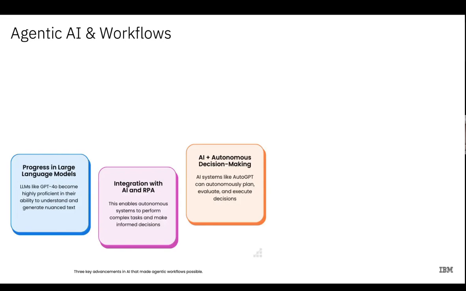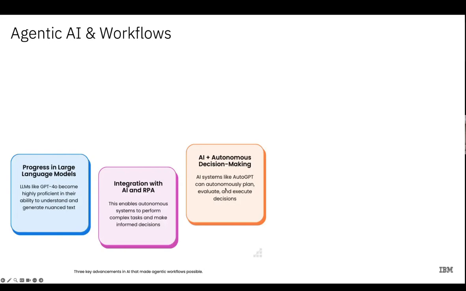The second one is the integration with robotic process automation and other tooling systems, where AI is now able to seamlessly connect with a lot of different systems, and in our context, different systems in the manufacturing processes, so that it can perform complex tasks and make informed decisions working with these other tools and robotic process automation systems, right?